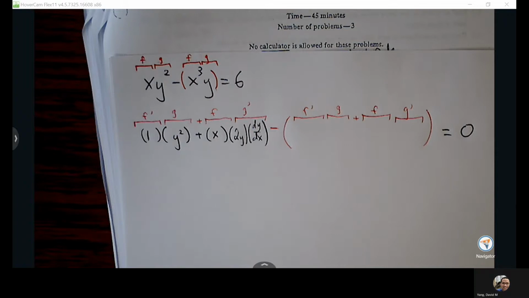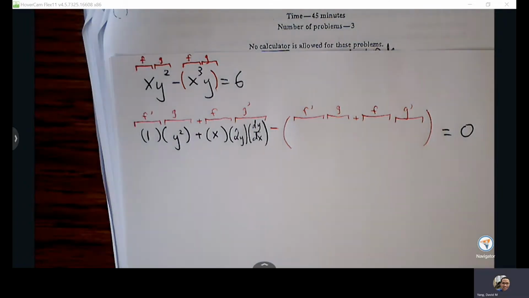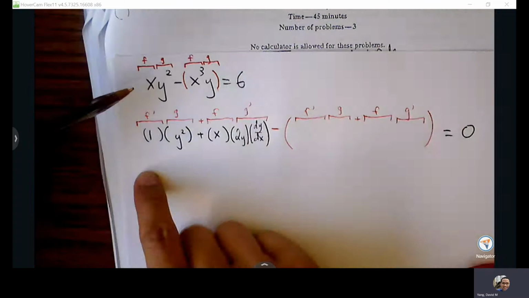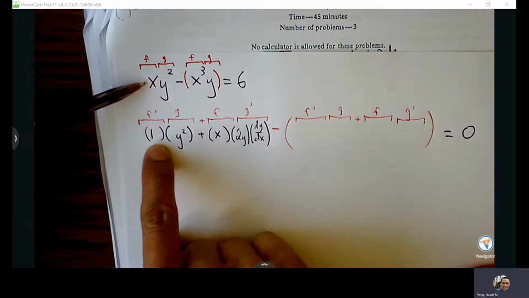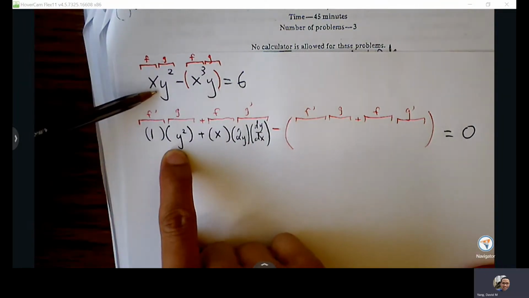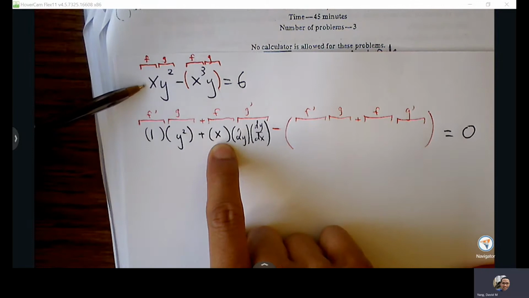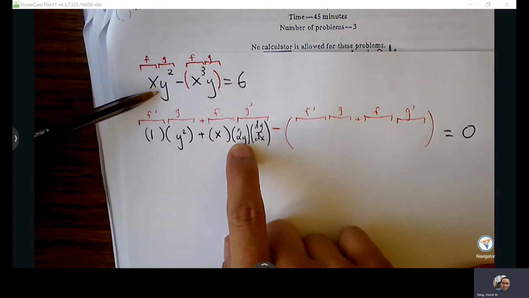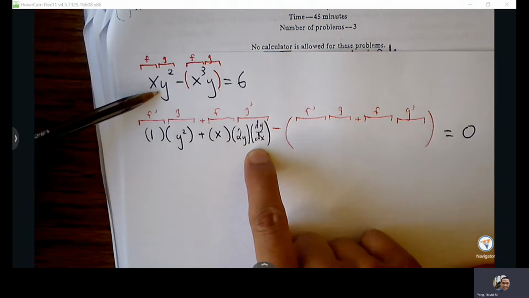First, product rule. Does that make sense to everyone? Okay, so f prime, x becomes 1. We keep the y squared, back to f. And then g prime is where we've got to be careful. We've got to not only find the derivative, but then attach the dy dx.